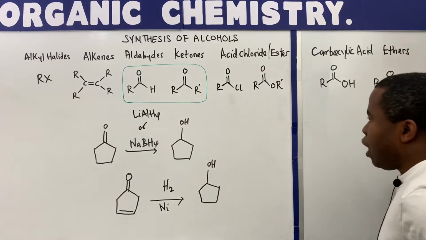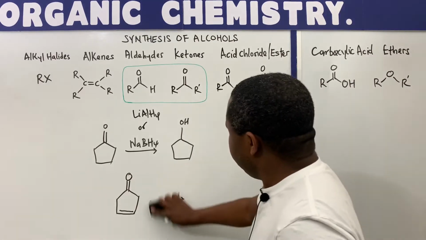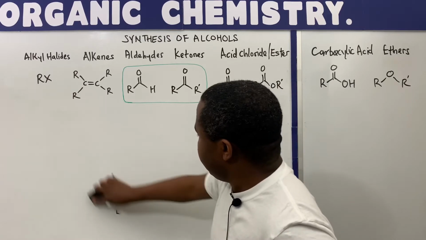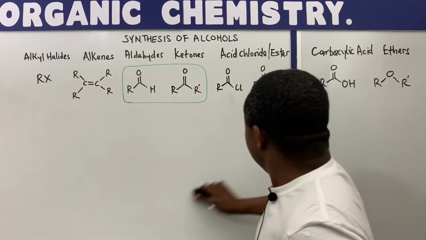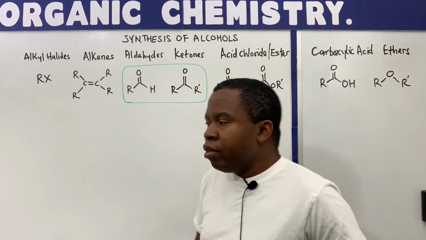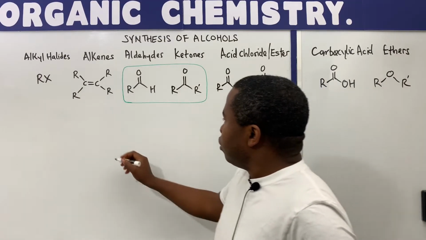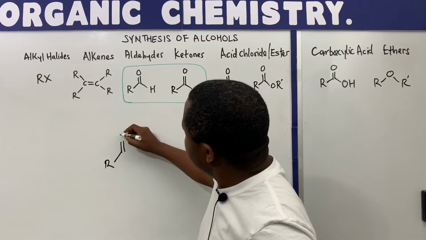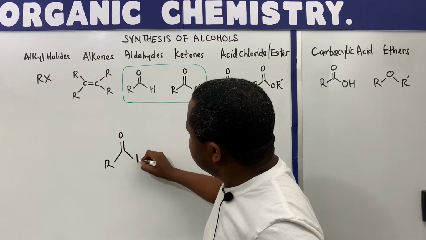And how do they do that? So let's take a look at the mechanism, just a summarized mechanism of reduction of carbonyl using either sodium borohydride or lithium aluminium hydride. So let's use this to denote the carbonyl compound.